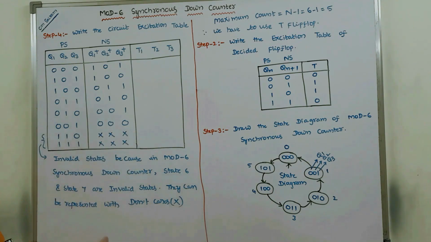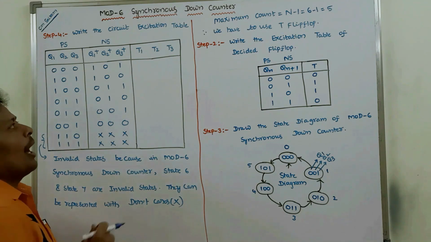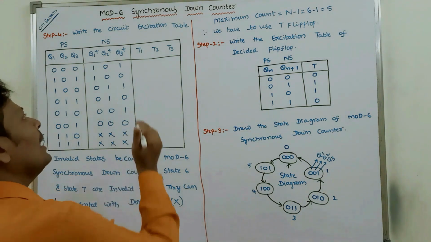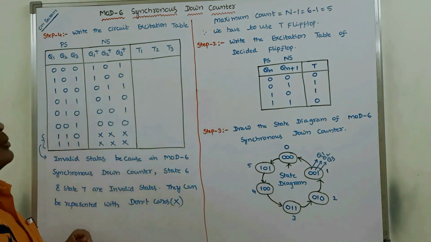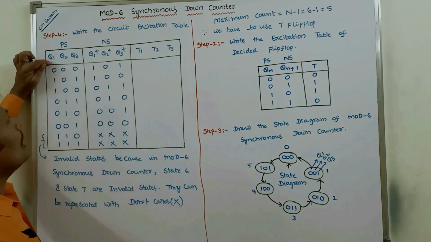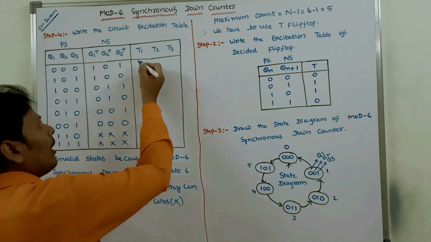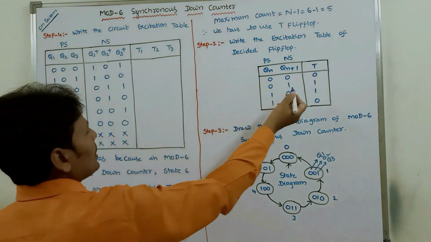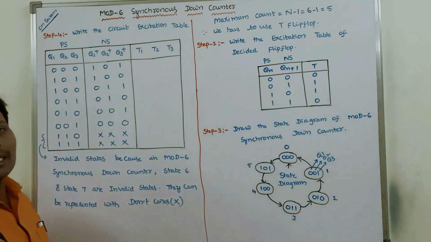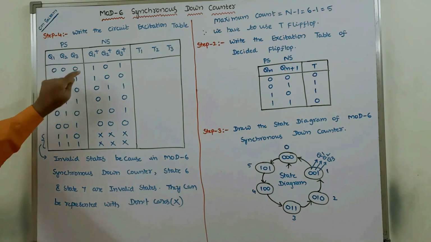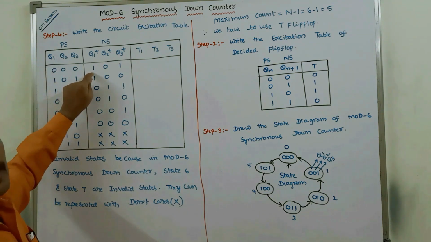Okay, as you wish. Now, how to fill out the T1, T2, T3 columns? For filling out the T1 column, we have to consider Q1 and Q1 plus as inputs and write the T1 outputs by using this excitation table. Okay, first Q1 value 0, Q1 plus value is 1.